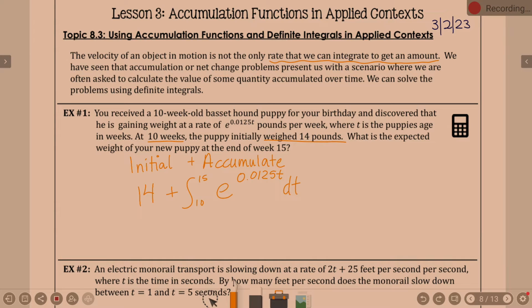So you're going to have 14 plus some integral value equals some total value. Now, you can put it all in on your calculator at once if you want. Be fancy there. Or you can get your integral and then add 14. What do we know?